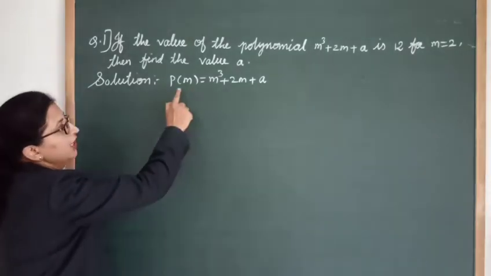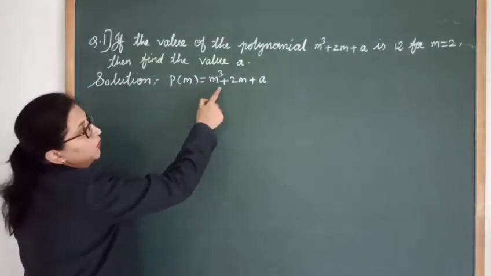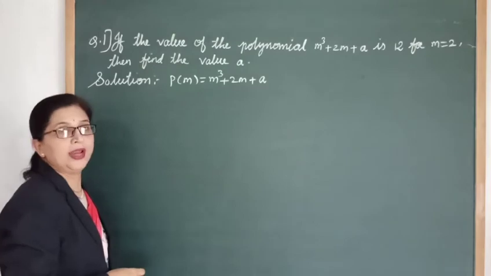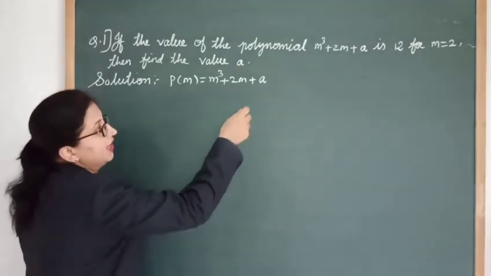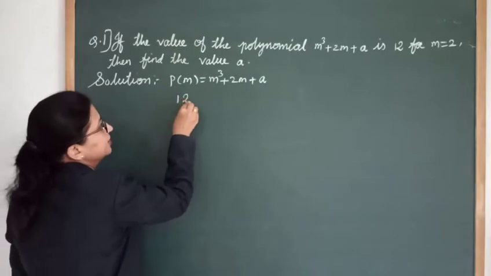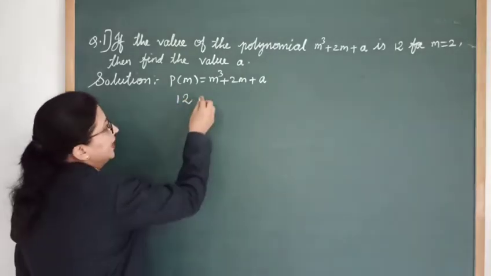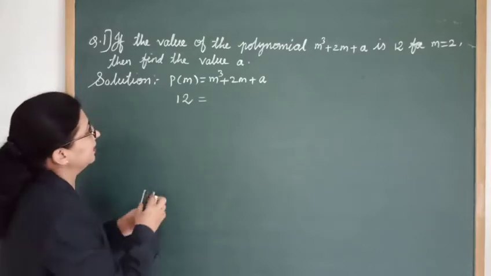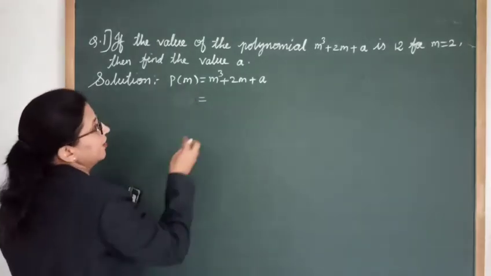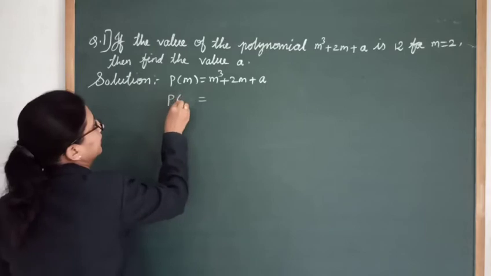So here the polynomial in m is equal to m cube plus 2m plus a. The value of this polynomial is given as 12. Now first we put the value of m as 2.